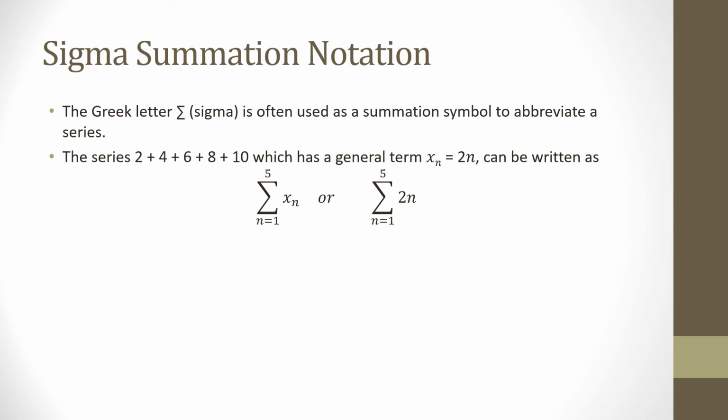Magiging formula mo, x of n is equal to 2n. So, n is equal to 1 ang umpisan mo. So, ang isa-substitute natin dito is 1, 2 times 1 plus 2 times 2 plus 2 times 3 plus 2 times 4 plus 2 times 5. And then, i-add niya yun.